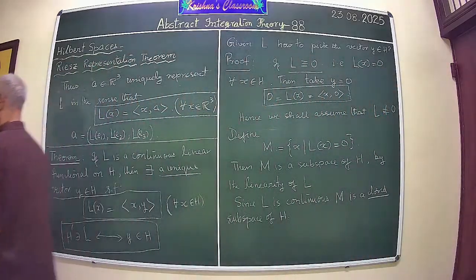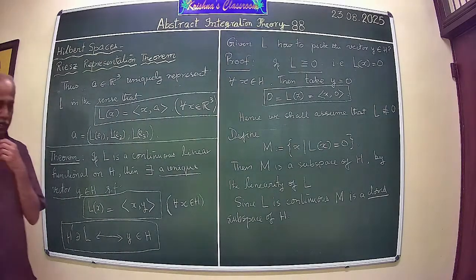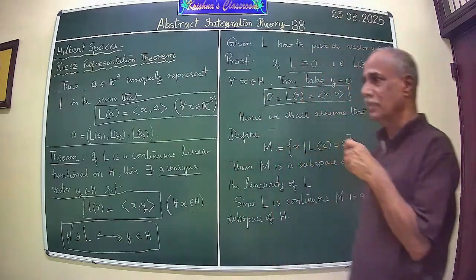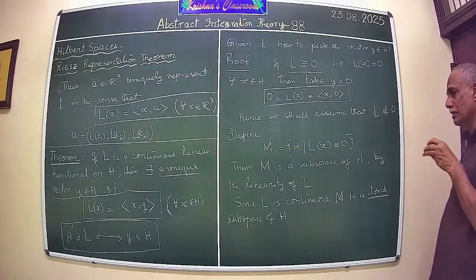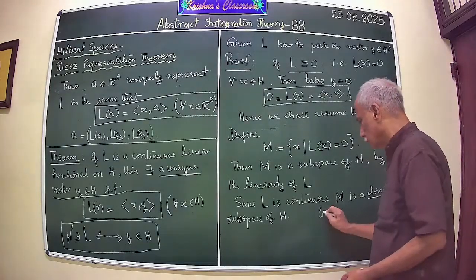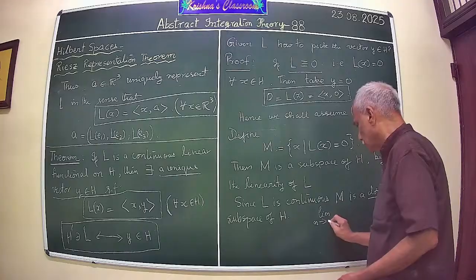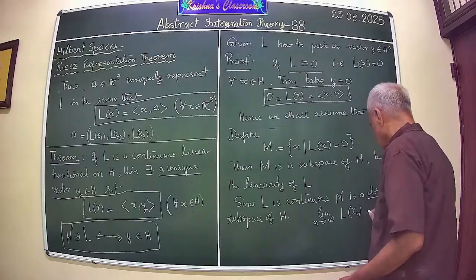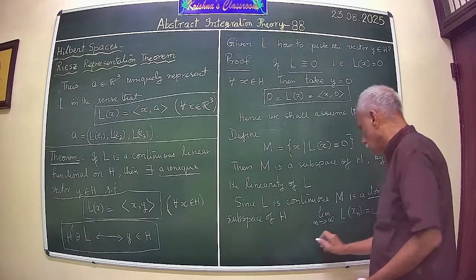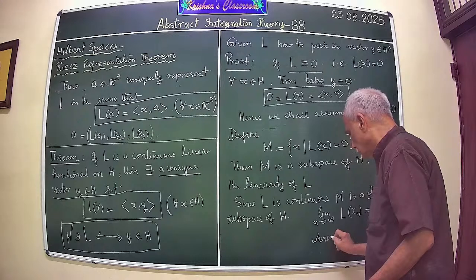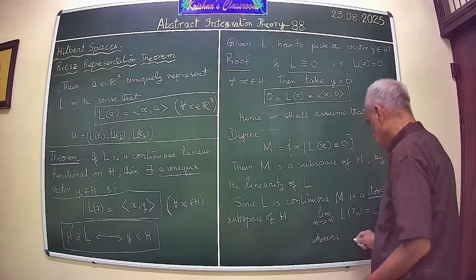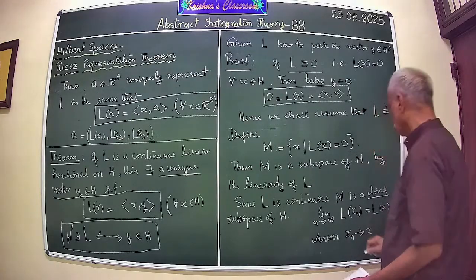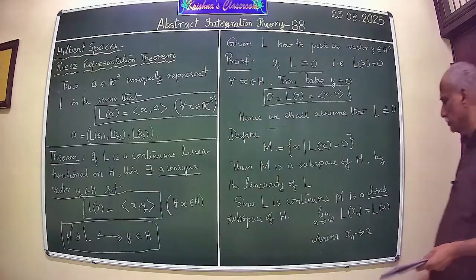That's easy because the limit of L of xn equals L of x because L is continuous. xn converges to x, so Lxn converges to Lx.